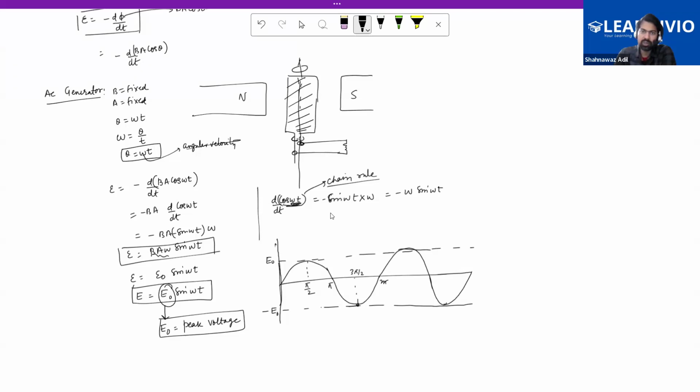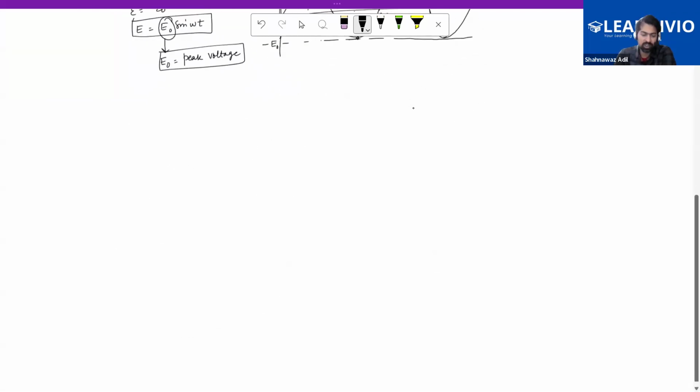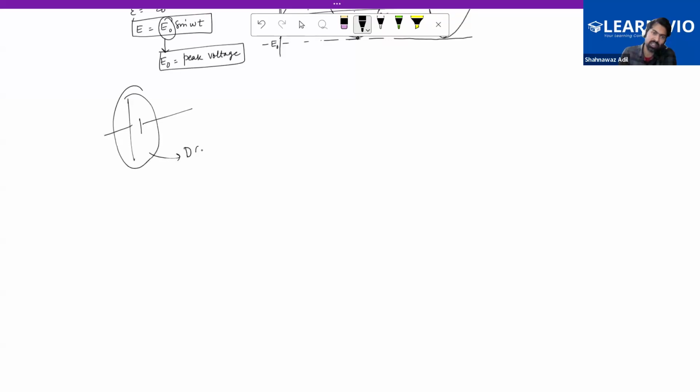Okay, good. So now let us talk about that. Previously, whatever supply we were talking about in the EMI chapter, up to the first six chapters, whatever EMF we were taking, that was direct. So this was DC current.